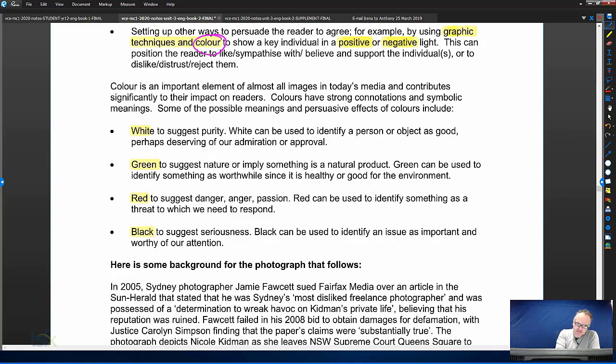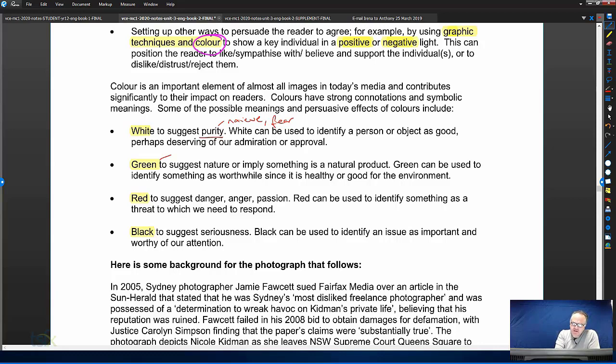So, for instance, white might represent purity, but it could also represent being naive. It could represent fear, because you obviously go white when you're afraid. You lose all the blood from your face, those sorts of things. So it really depends on how it's being used.